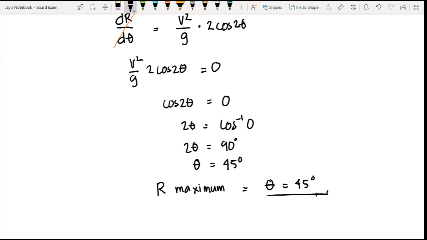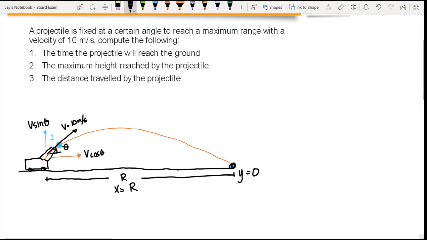So you do not need to derive all of this. You just memorize or familiarize that theta equals 45 degrees when we have a maximum range. So we have our angle of inclination of the velocity equal to 45 degrees.